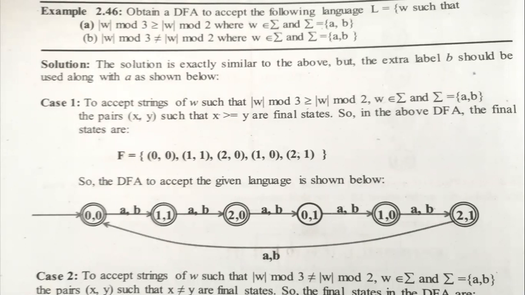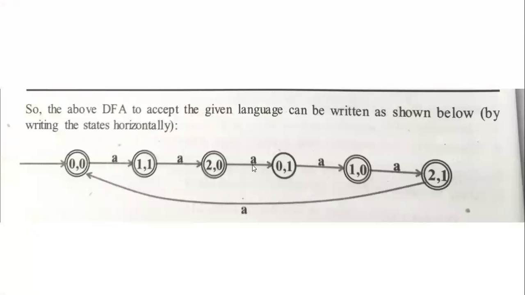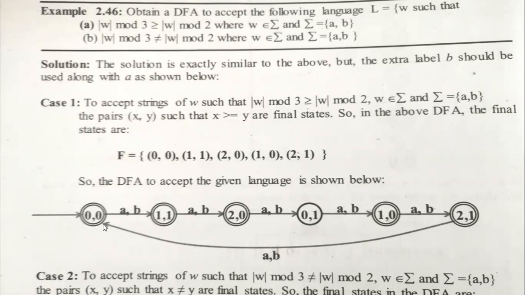After deciding that, we got this particular DFA. Whatever we had in the previous one, the same we have for the first half. The only difference is that we have A comma B instead of only A. But here in case of B, observe it, length of W mod 3 is not equal to length of W mod 2.